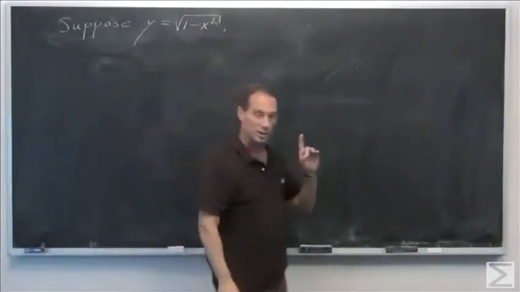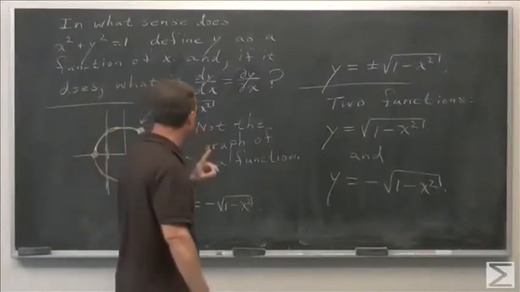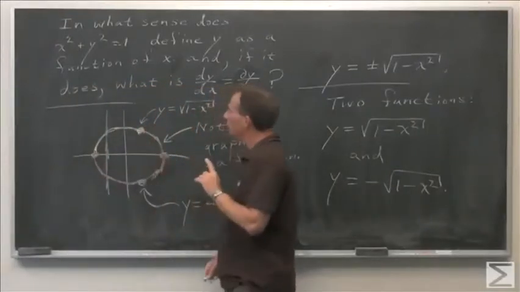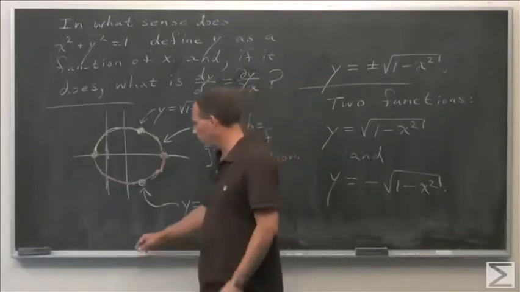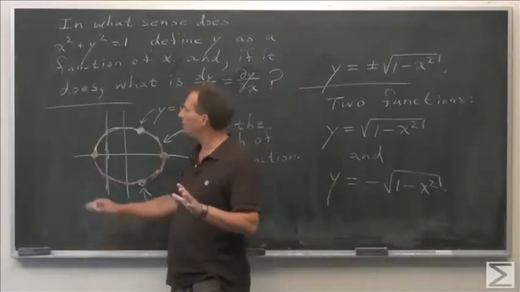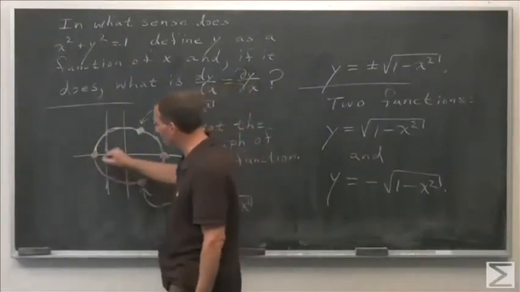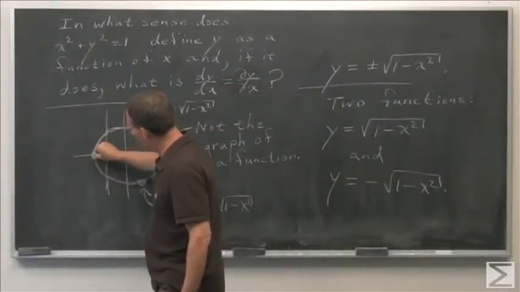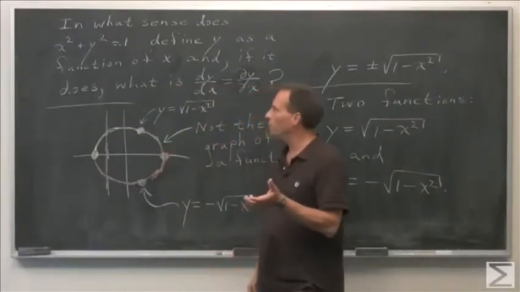There's one thing I should have said before I do this. Before I go on, I should have said that you should notice there's a problem at 2 points. There are 2 points where there's no hope of using this equation to implicitly define y as a function of x. Namely, this point and this point, the 2 points where y is 0.